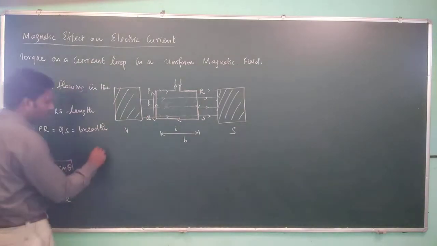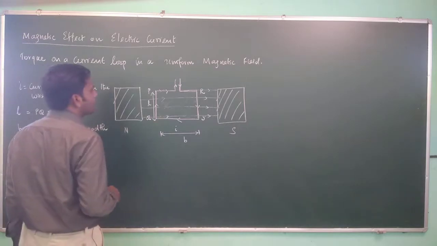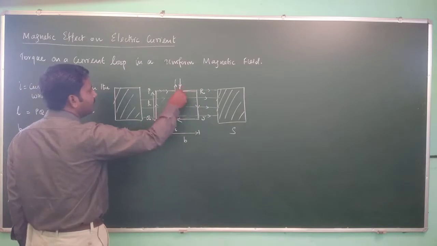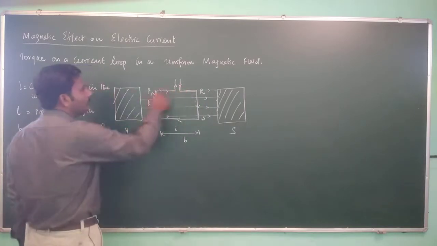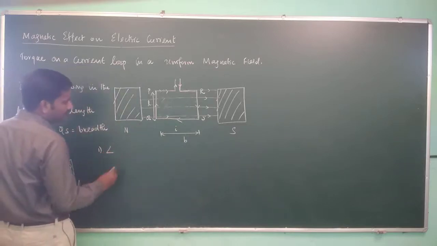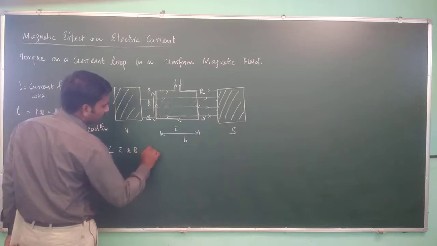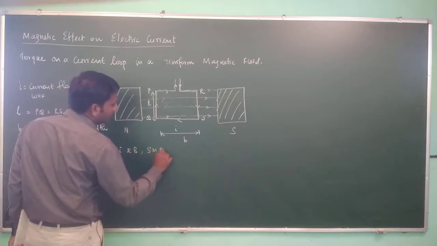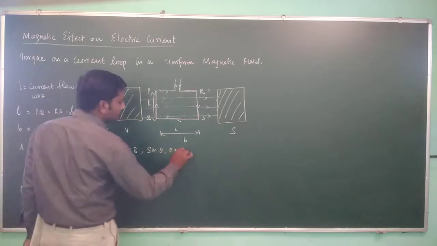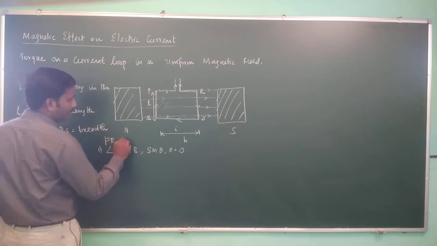Now, case 1, what would be the force for the current and the magnetic field? The angle between the current and magnetic field is 0 for PR and QS, right? So in the first case, the angle between current and B is theta, and here theta is equal to 0 for PR and QS.